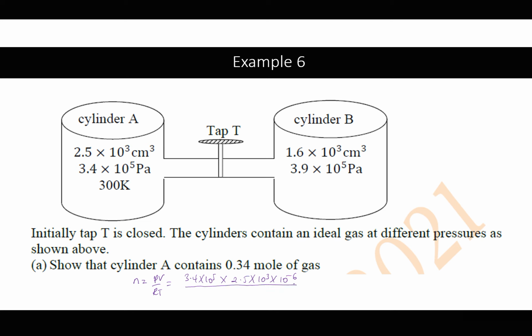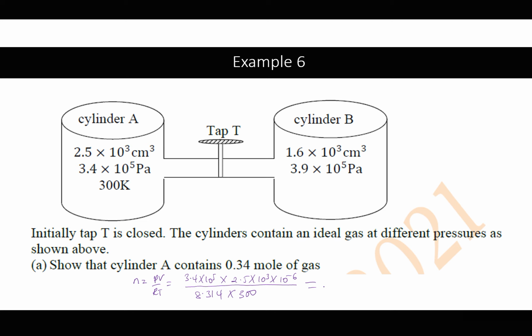Divide this by the molar gas constant, which is 8.314. By the way, many times it is quoted as 8.31, so don't get confused. Times the temperature in cylinder A is 300 Kelvin. Then we press our calculator.